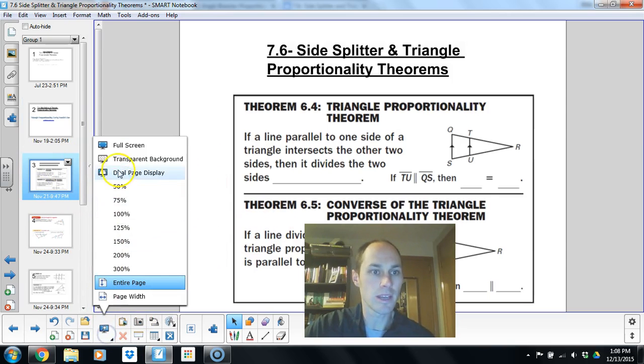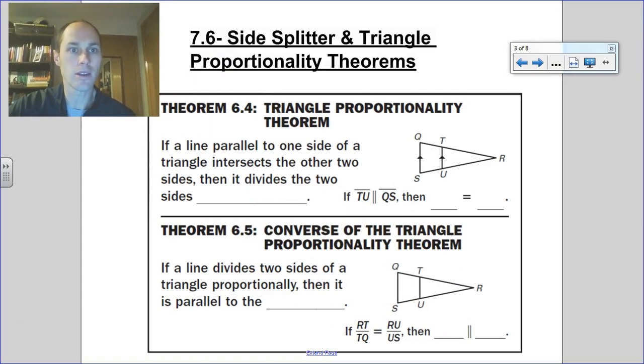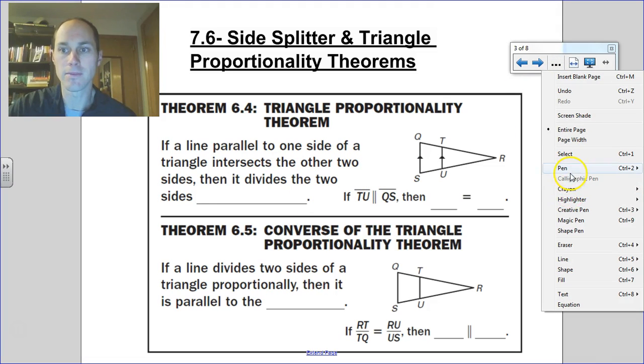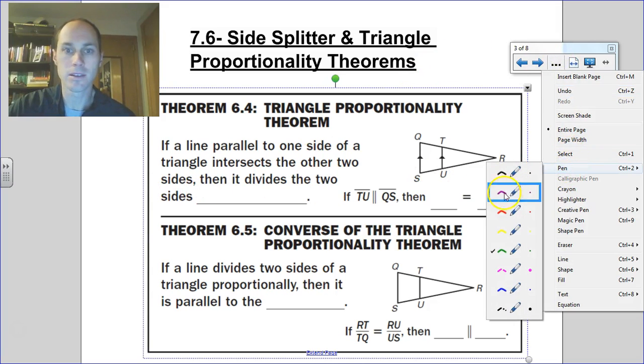So let's put that information down in our notes. That's one of the triangle proportionality theorems. If a line is parallel to one side of a triangle and intersects the other two sides, it divides the two sides proportionally. Whoops, let me get my pen here.